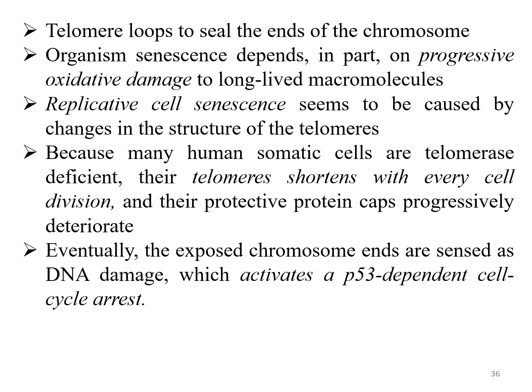Eventually the exposed chromosome ends are sensed as DNA damage, which activates p53-dependent cell cycle arrest. This p53 protein found in our body is very important in inhibiting the proliferation of cells and protecting our body from cancerous cells.